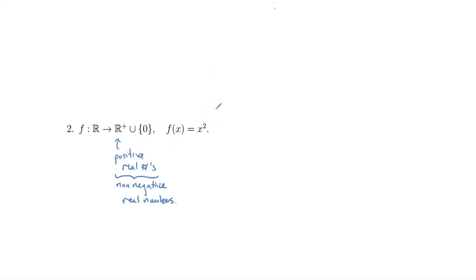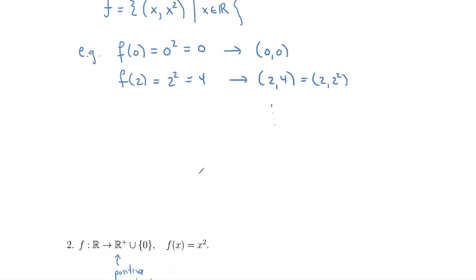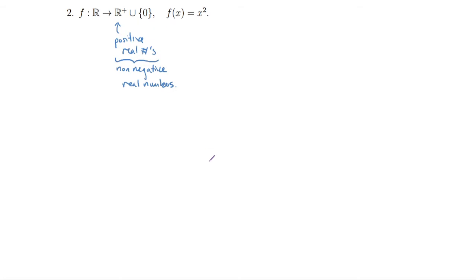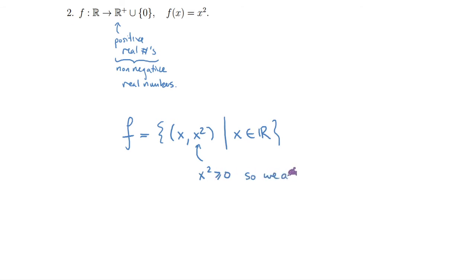Which is actually the same as up here. What actually changed is your allowable outputs. So I have x, and then I'm going to have x squared again, and x is a real number. And this x squared is definitely greater than or equal to 0, so we are okay.